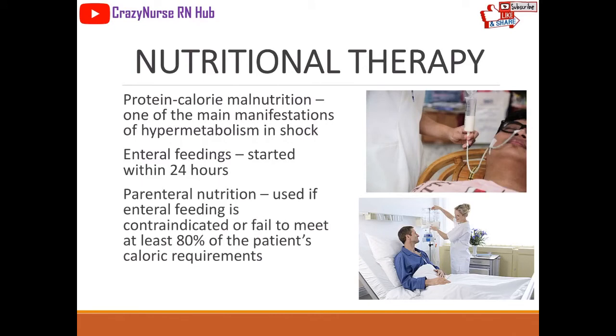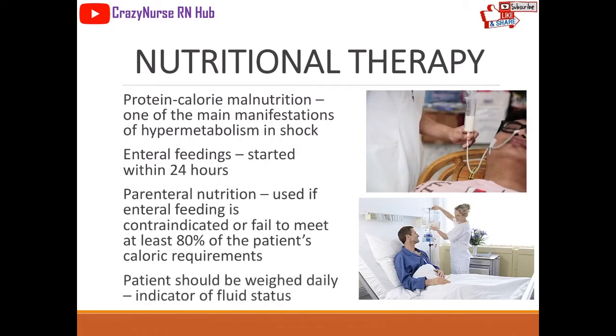Generally, parenteral nutrition is used if enteral feedings are contraindicated or fail to meet at least 80% of the patient's caloric requirements. A patient in shock should be weighed daily on the same scale at the same time of the day. If the patient experiences a significant weight loss, you should rule out dehydration before adding more calories.